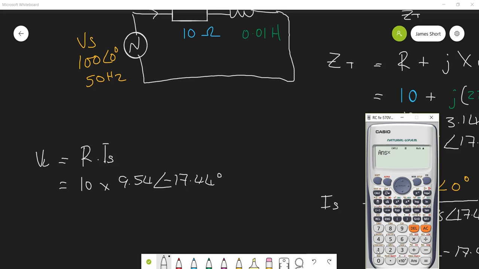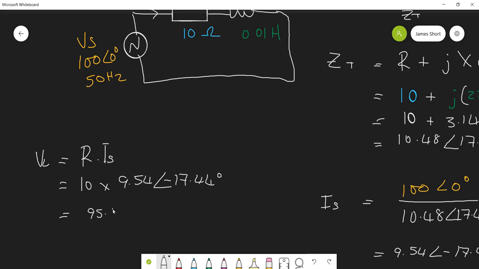So multiply that by 10, convert that into polar, and what we get is 95.4 volts, and that's at the same phase as the current. I said VL, that's meant to be VR. The voltage across the resistor is in phase with the supply current.